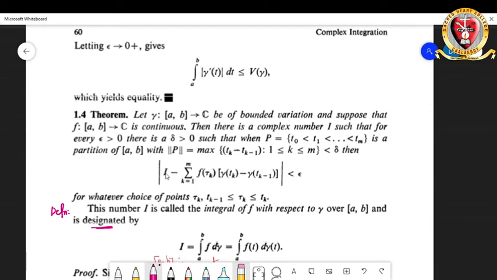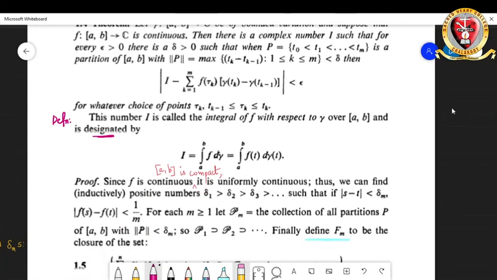If we have such an I satisfying this inequality, we call that I the integral of f with respect to gamma. Whenever you are asked how to define the integral of f with respect to gamma, it's better to state this statement and then write what the integral is denoted as. Let's move on to the proof.